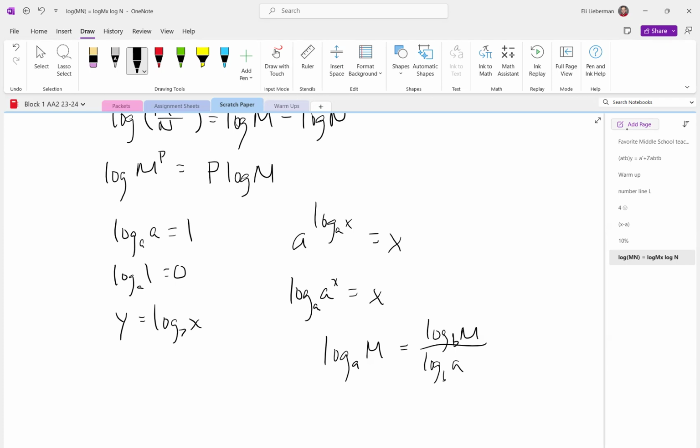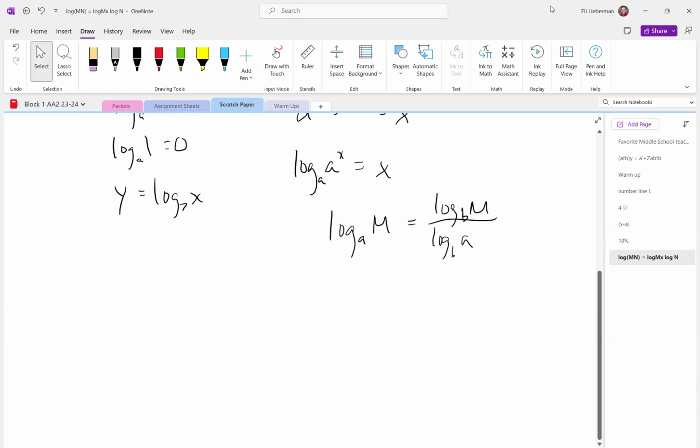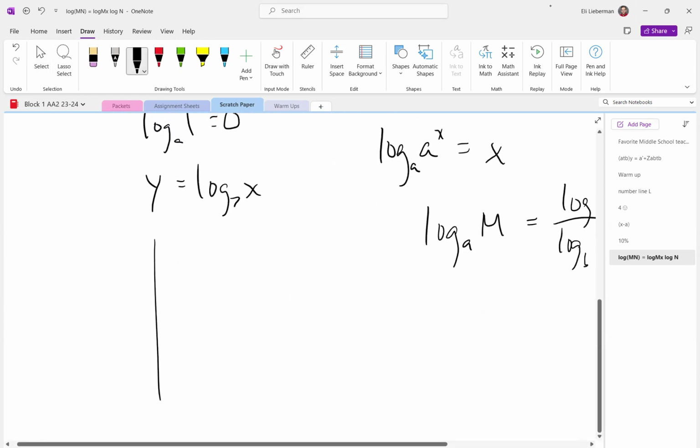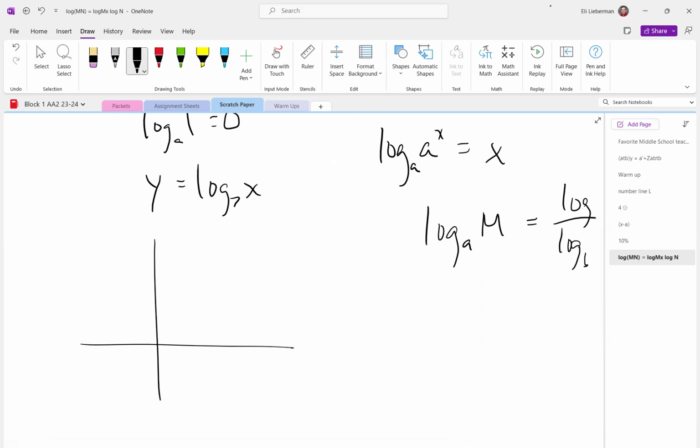And then the one on the other side, (-1, 1/7). You always plug in x equals 1, and then you flip that to get (1/7, -1).